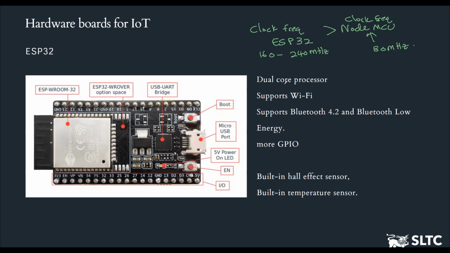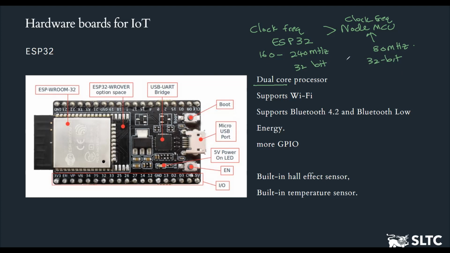Then when we talk about the dual core functionality, both the ESP32 and Node MCU have it. So in both of them, we have two cores to do processing, and therefore it is better than a single core processor. And both of them support 32-bit dual core processing. That means at one time they can process 32 bits of data, and therefore it is more efficient than 8-bit processing in one instance.